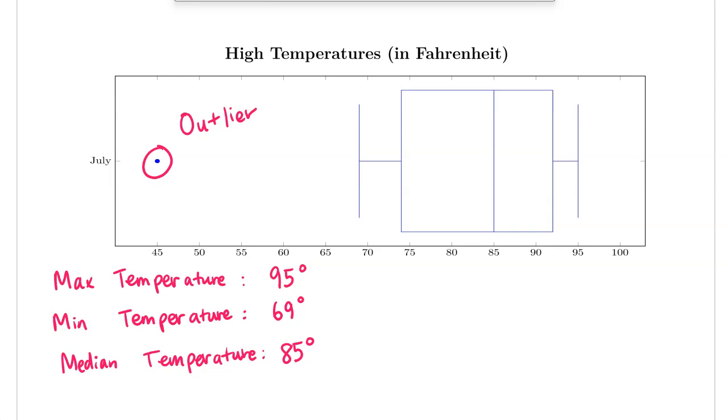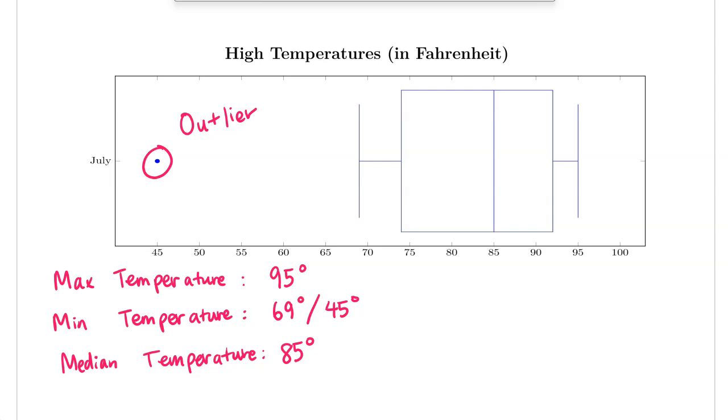So depending on how you want to think about it, really our minimum temperature could be 45 degrees. Sometimes, depending on what you're using your data set for, we remove outliers because it might be some kind of anomaly. Depending on how you want to use your data set, you may decide to include or exclude outliers. But in this case, your minimum temperature, if you include the outlier, would be 45 degrees. If you decide to exclude it, it would be 69 degrees.